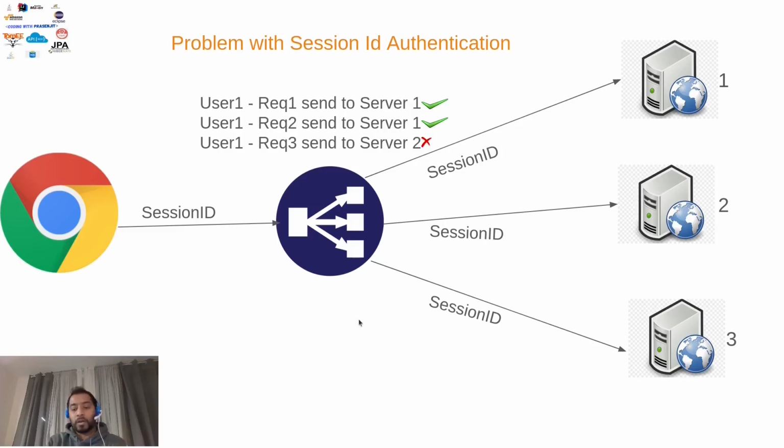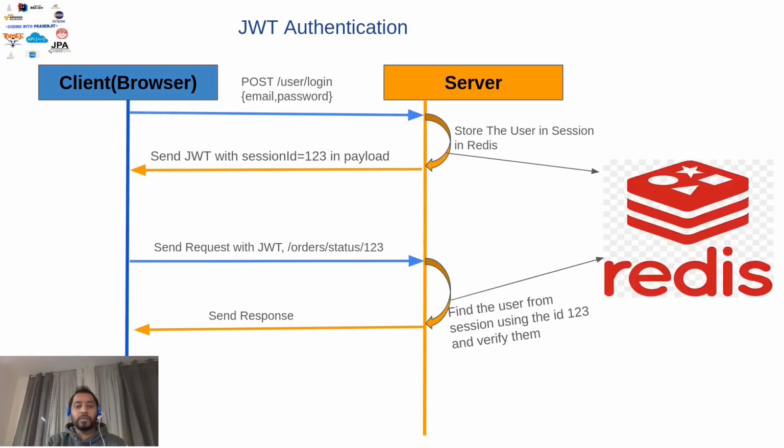Okay, now let's solve this problem with JWT. So let me explain what JWT authentication is. Let's take the same example. Here the user, that is the browser, is trying to log into the system using email and password.